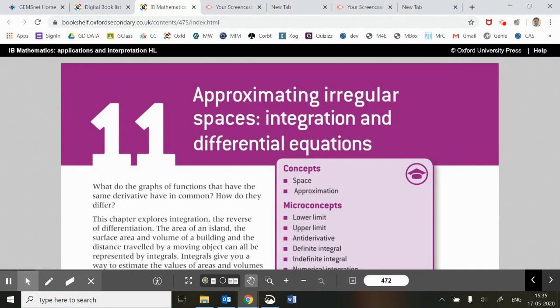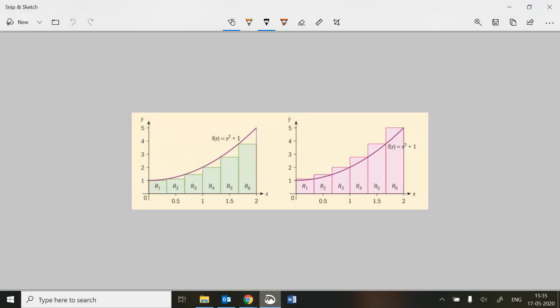Okay, so this is called approximating irregular spaces, integration, and differential equations. We definitely won't be getting to differential equations today. I've just taken this from the exercise before 11A, and you can see here that we're trying to work out the area underneath a curve, so this area here.